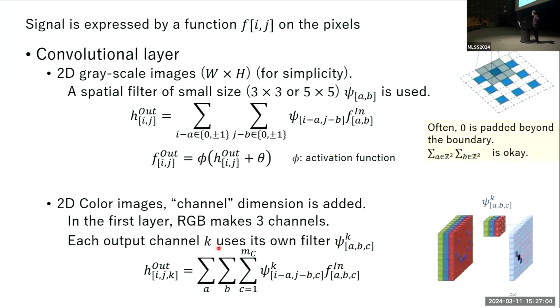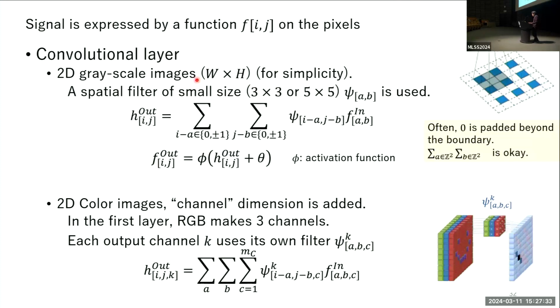Okay, so let's review the standard convolutional neural network. I start from the convolutional layer. So convolutional neural network is basically the model for image processing. So the signal in the input layer is a function of the pixel.